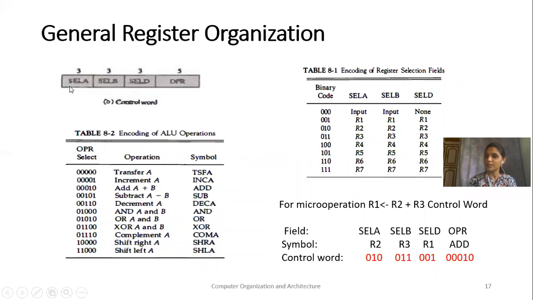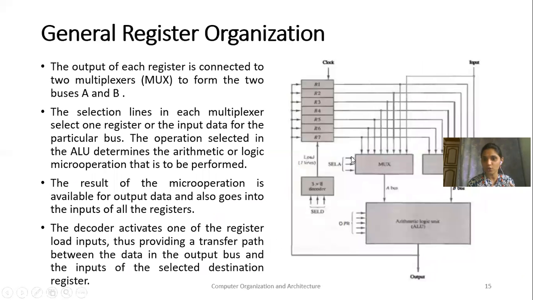The first 3 bits denote select A, the next 3 bits denote select B, the next 3 bits denote select D, and the last 5 bits denote the operation.